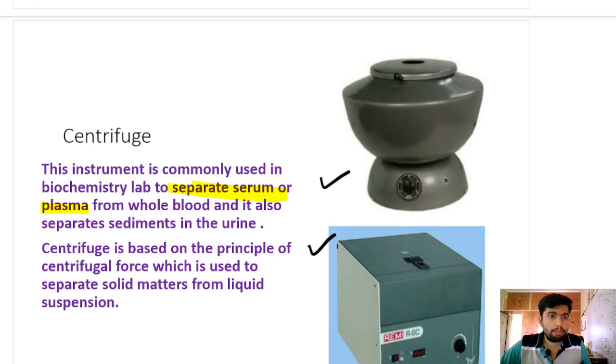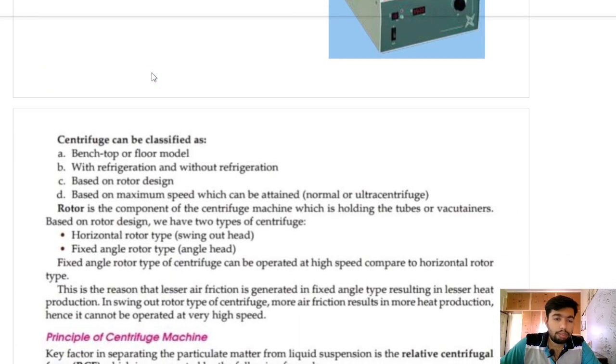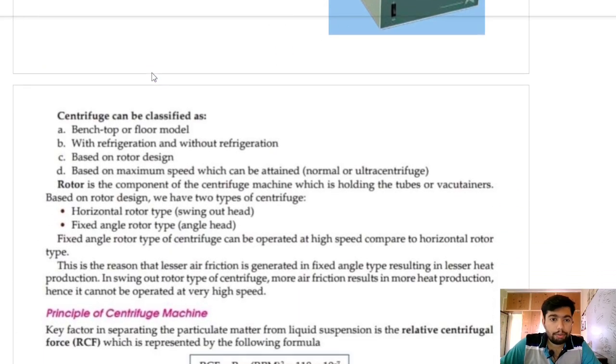Yes, so now we are moving ahead. Okay, centrifuge, so this whole thing is not required for you, but you should know that centrifuges are of so many types. You can see the benchtop model with refrigeration, based on rotor design and based on maximum speed.